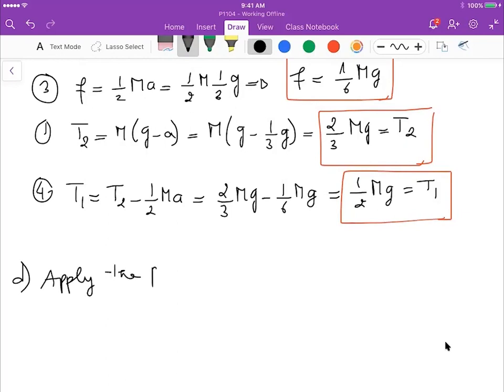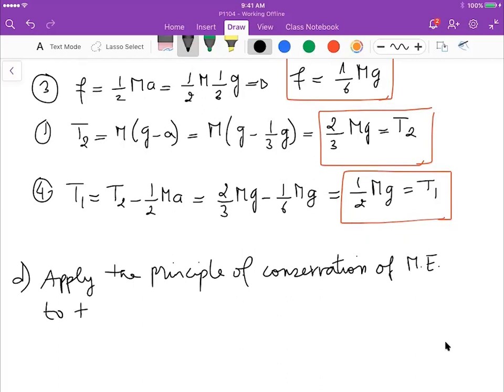We apply the principle of conservation of mechanical energy to the system, which is composed of the cylinder plus the pulley plus the block all together.